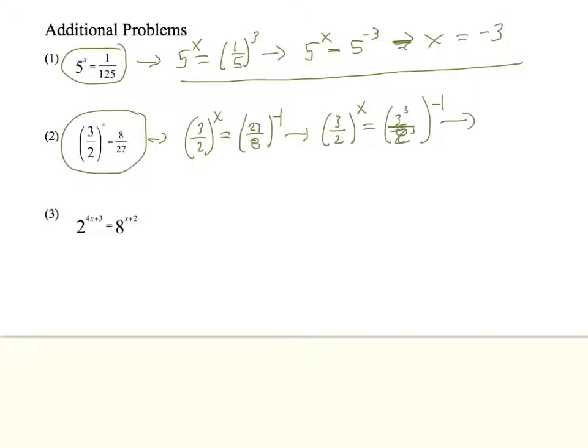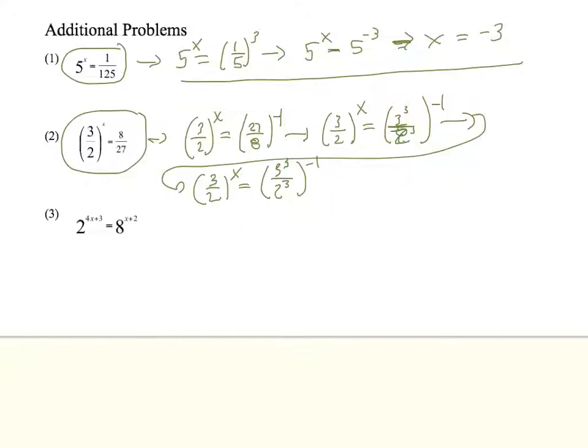So let's bring this down to over here so you can see it a little better. 3 halves to the x is equal to, so here I have 3 to the 3rd over 2 to the 3rd raised to the minus 1.